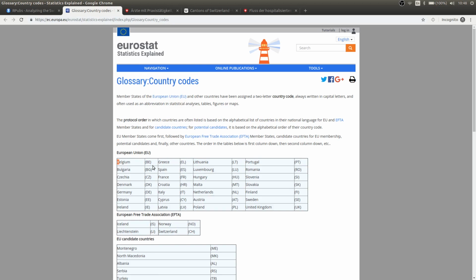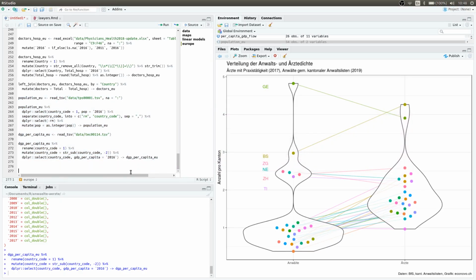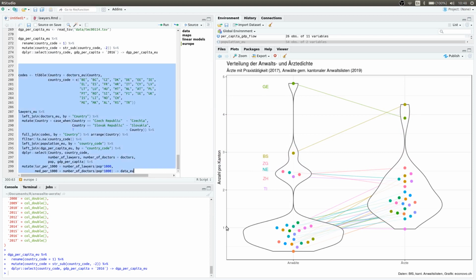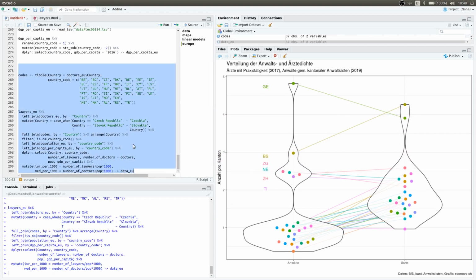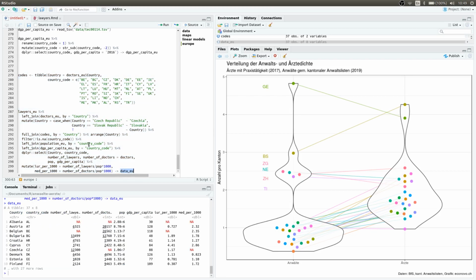So basically Belgium is BE, Greece is EL, and so forth. And we end up with this nice data set. Country code, number of lawyers, number of doctors, population, GDP per capita, and also the ratios for lawyers and physicians per 100 inhabitants.